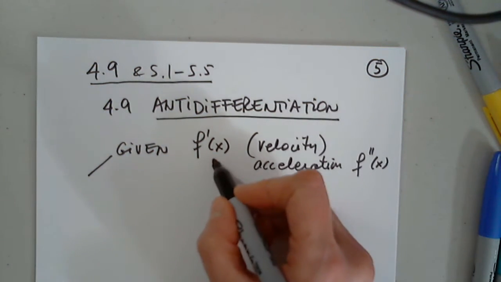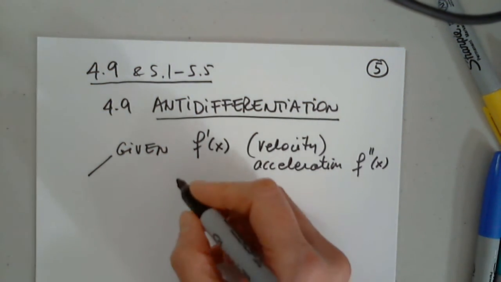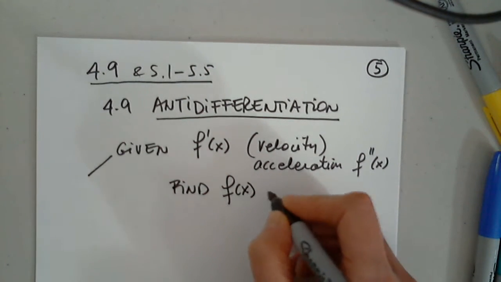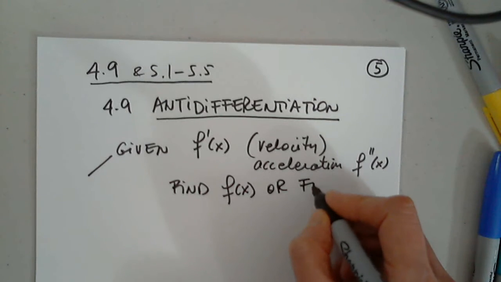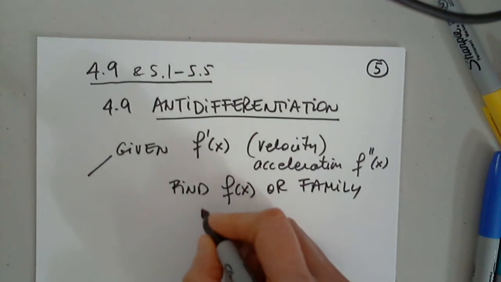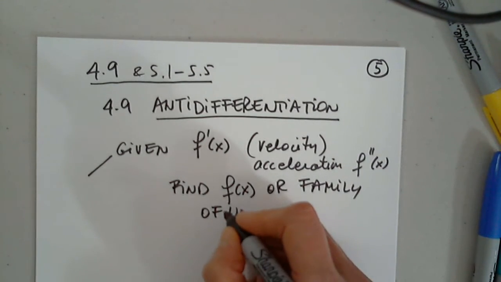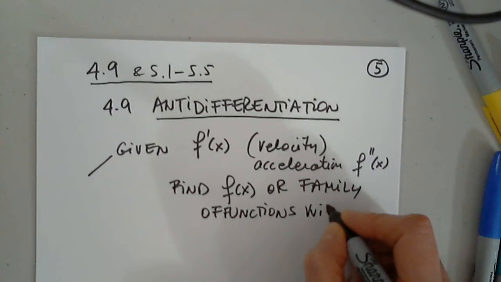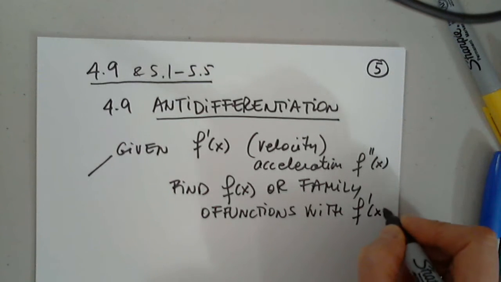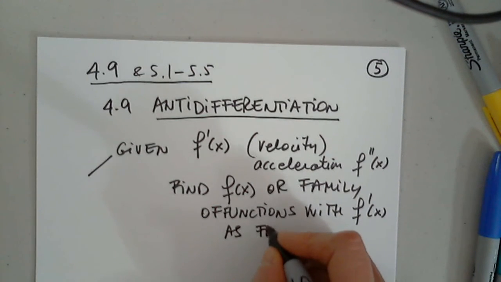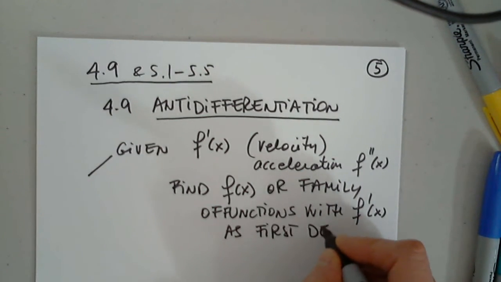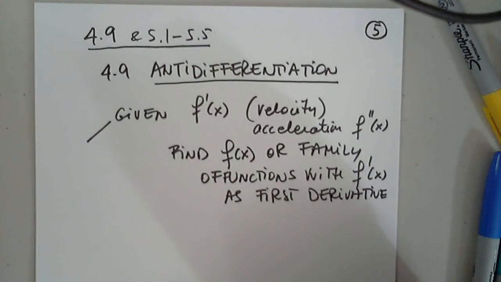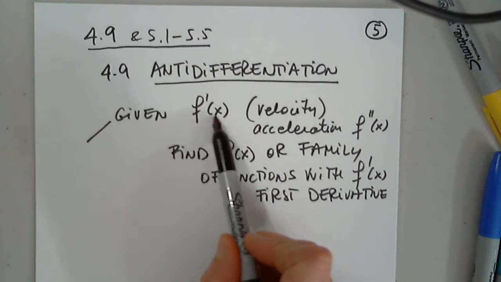But I could be given a derivative and I will be asked, find the function or family of functions with f prime as derivative, as first derivative. So now I'm going backwards, and you can say, how can you have the derivative if you don't have the function?